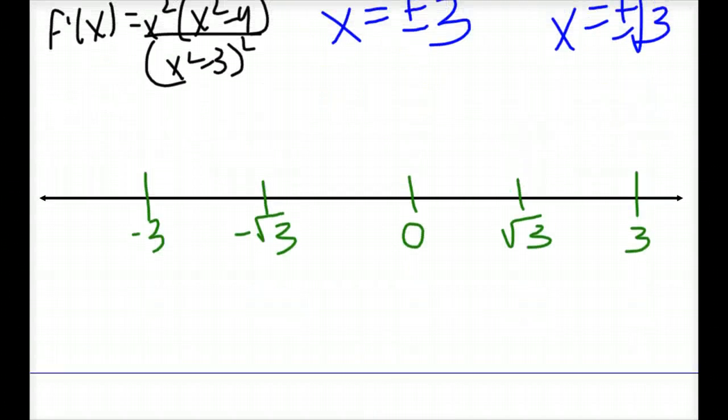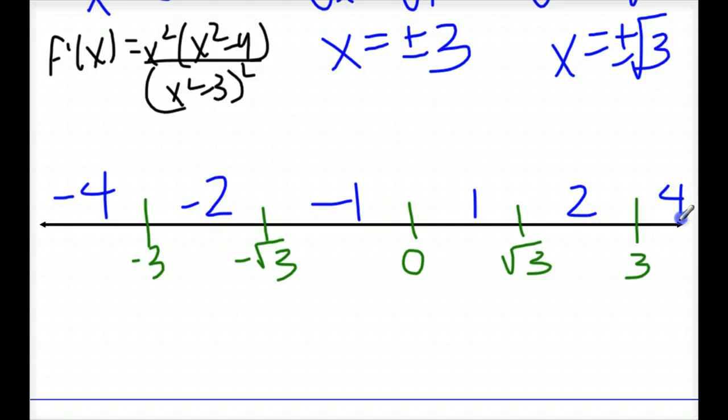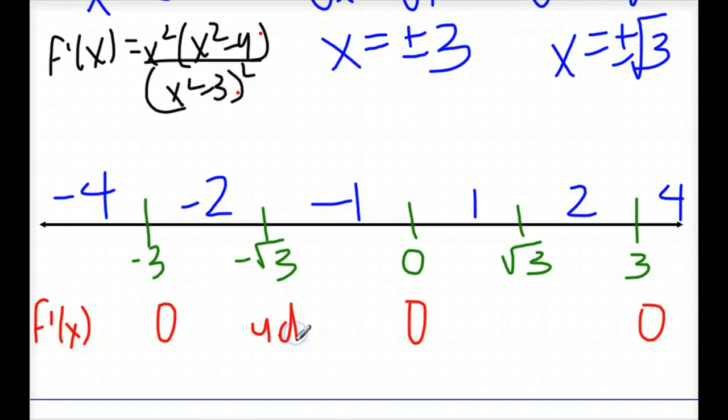Okay, so let's pick negative 4, negative 2, negative 1, positive 1, 2, and positive 4. And what we do know is my numerator was equal to 0 here, here, and here. My denominator was equal to 0 at negative and positive radical 3, so I know these are undefined.